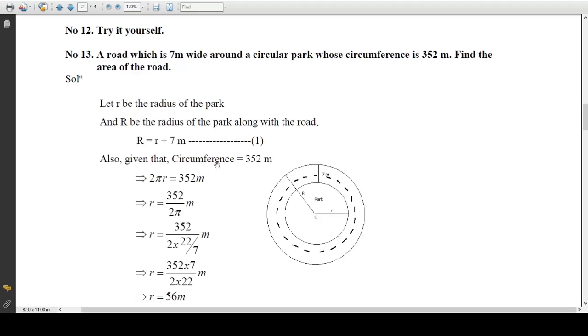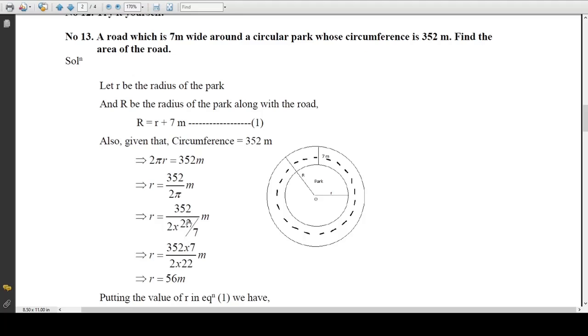Since it's given that the circumference of the inner circle is 352, that means 2 pi r will be 352 meter. R will be 352 divided by 2 pi, but pi is 22 by 7.